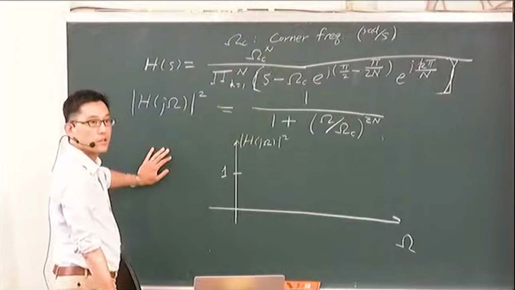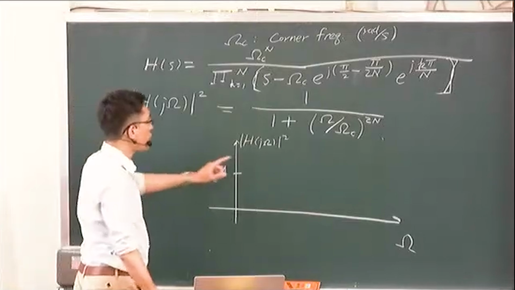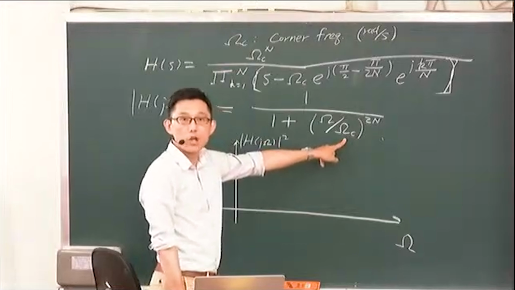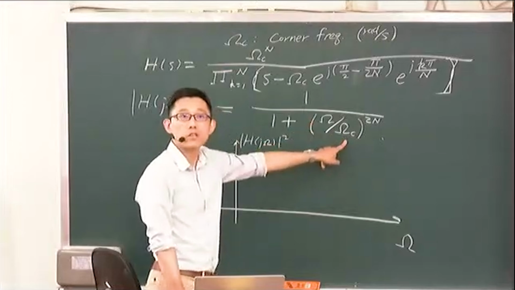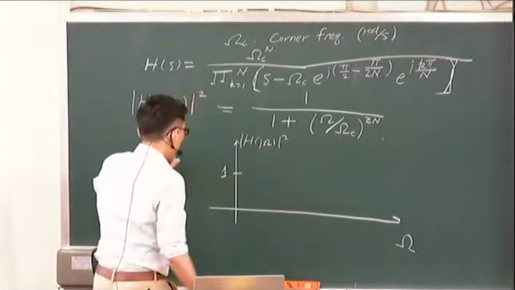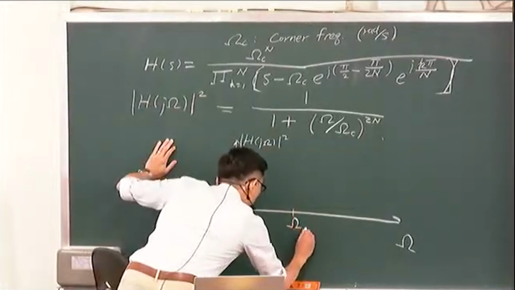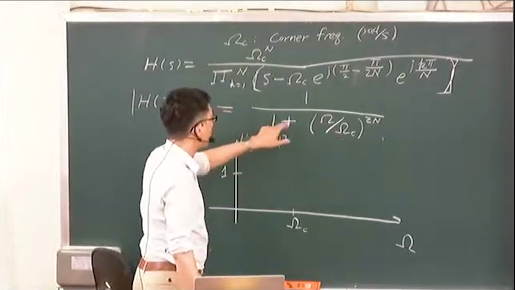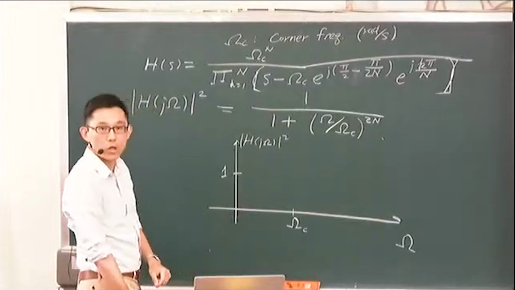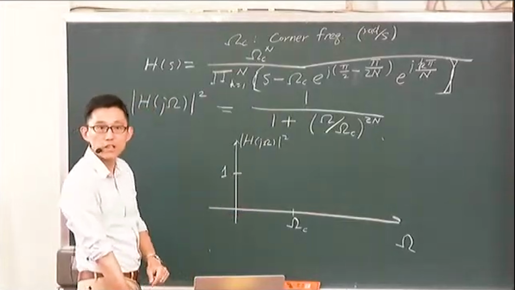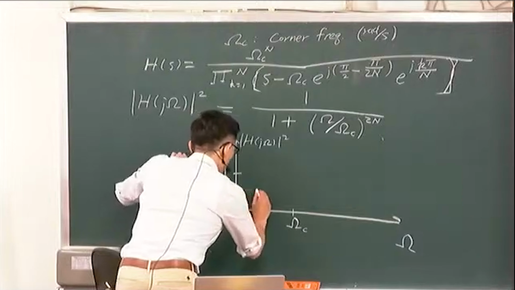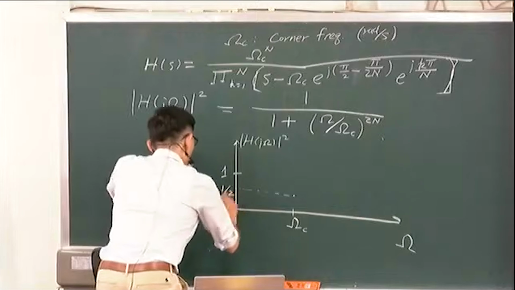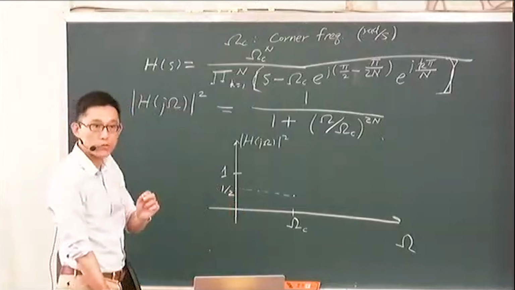Any suggestion? How about we check the value when omega equals the corner frequency. Suppose the corner frequency is around right here. When omega equals the corner frequency, we have 1 divided by 1 plus 1, so it's 1/2. The magnitude squared is going to reach 1/2 when omega equals the corner frequency.